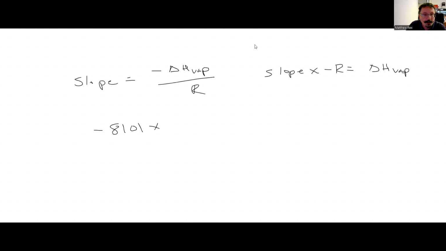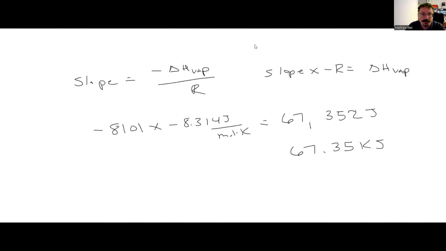We multiply by 8.314 joules per mole Kelvin, and that should give us our enthalpy of vaporization in joules per mole. So we get 67,352 joules, or 67.35 kilojoules.